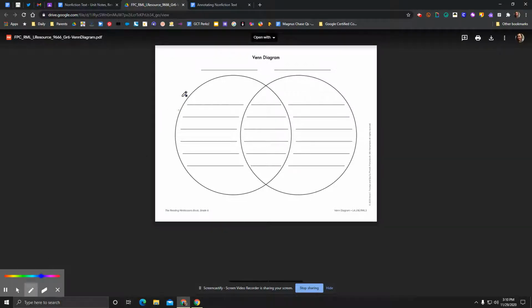Now, if I wanted to compare and contrast, let's say a flower, and I'm going to compare and contrast it to a tree. Well, we know that flowers and trees share some characteristics and other characteristics they don't.